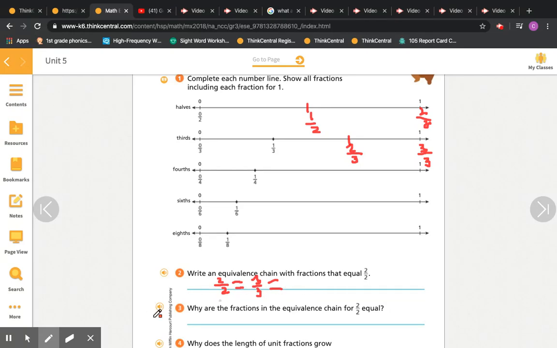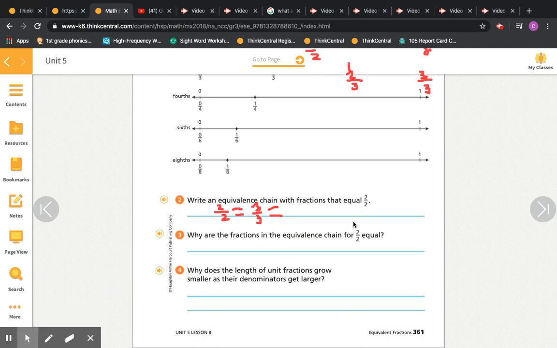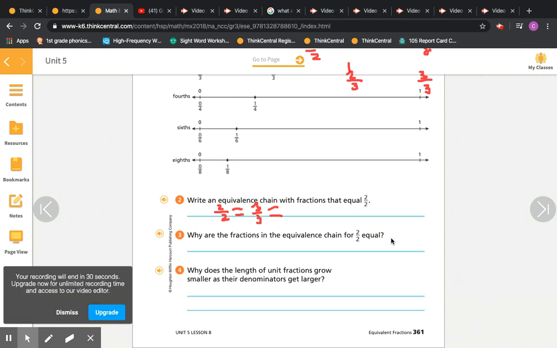Then the next question is, why are the fractions in the equivalence chain for 2/2 equal? Here, you're going to write an explanation of what you have learned about equivalent fractions in class.